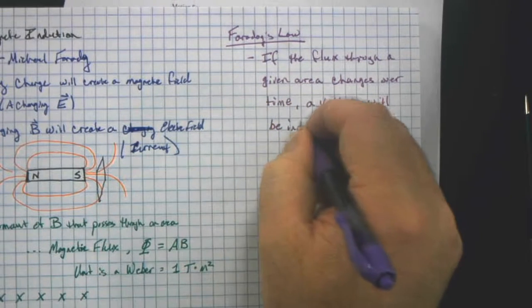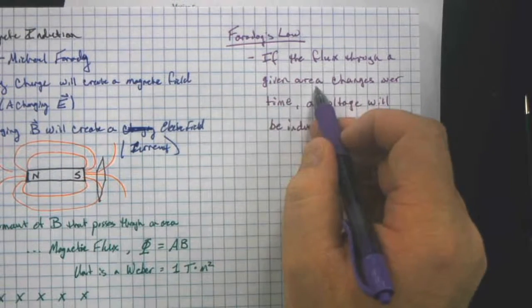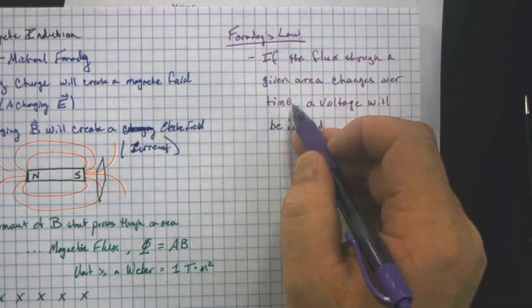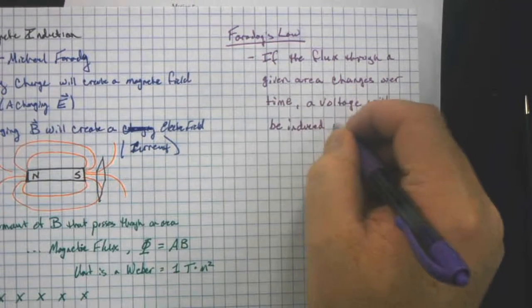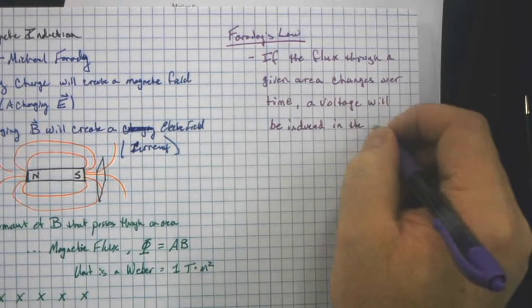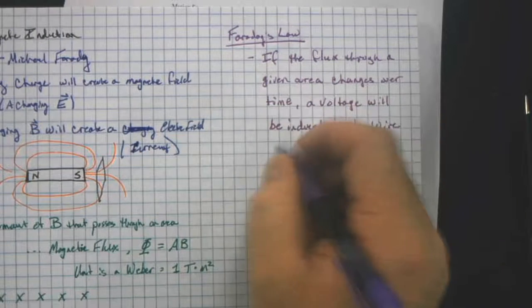Okay, so if the flux through a given area changes over time, a voltage will be induced in the wire and a current will momentarily flow.